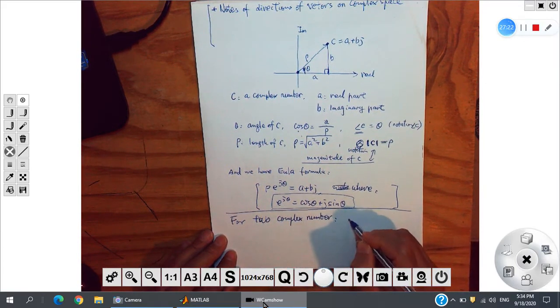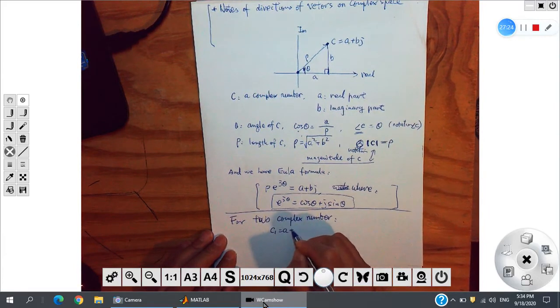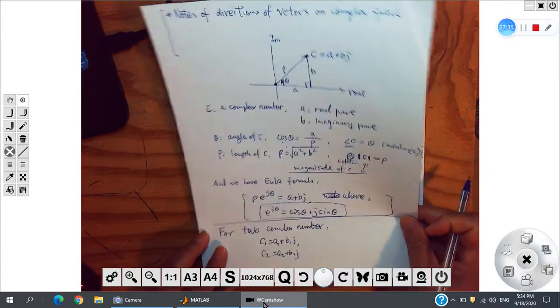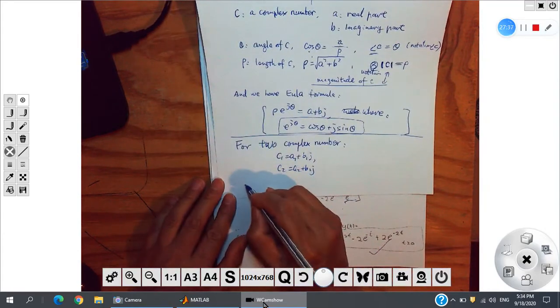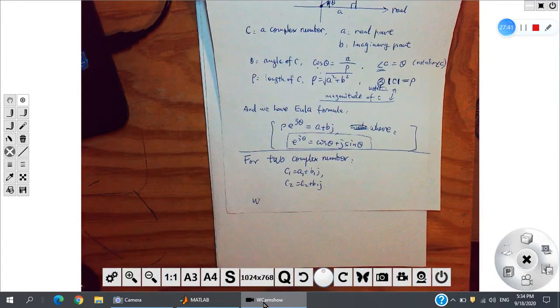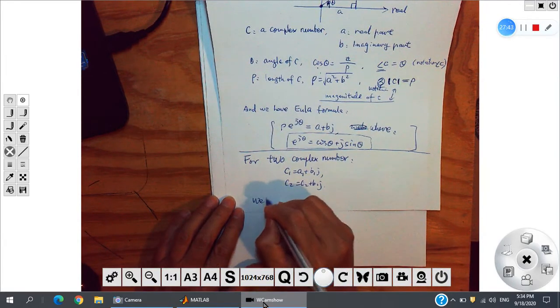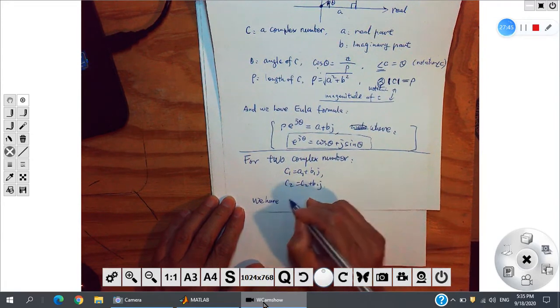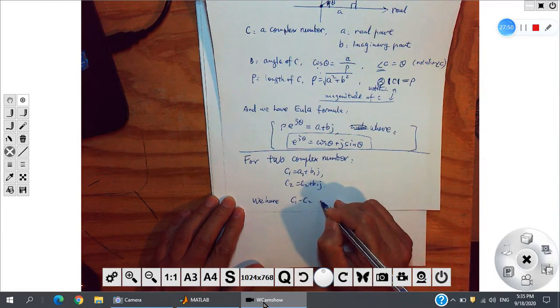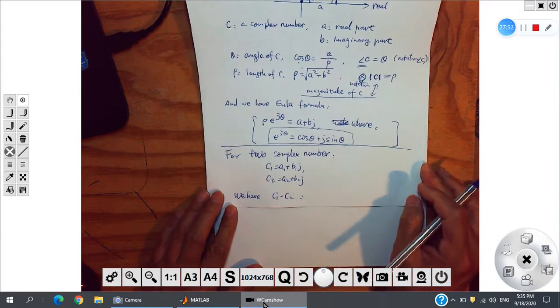One is C1, A1 plus B1j, and C2 is A2 plus B2j. Then we have C1 minus C2.